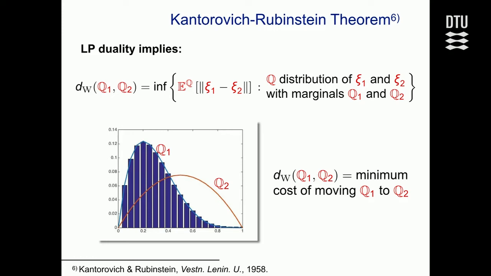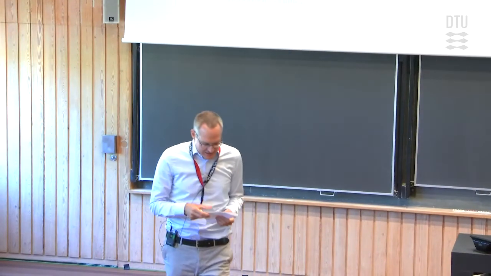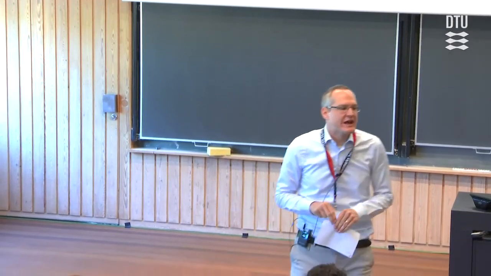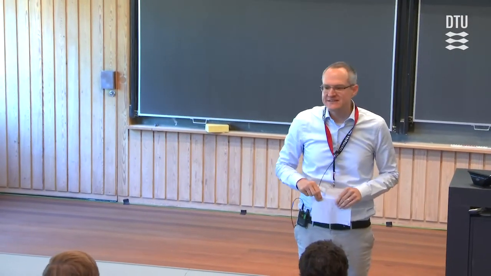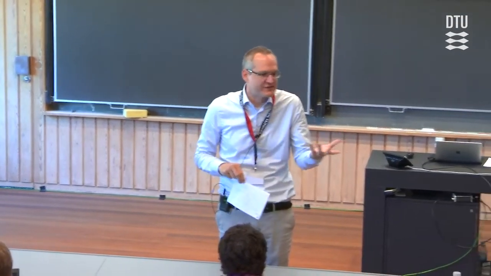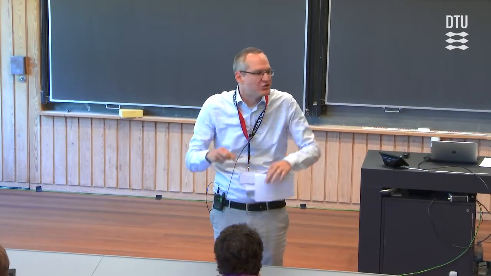Now this is also a bit abstract, like the other one, okay? So let me explain this one a bit in more detail. The problem here is that we look at situations where the set capital Xi, the uncertainty set, is basically a continuous set.